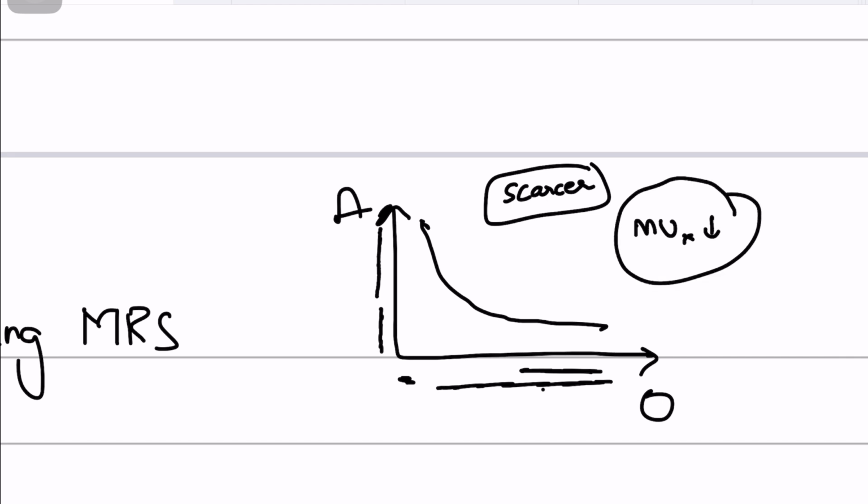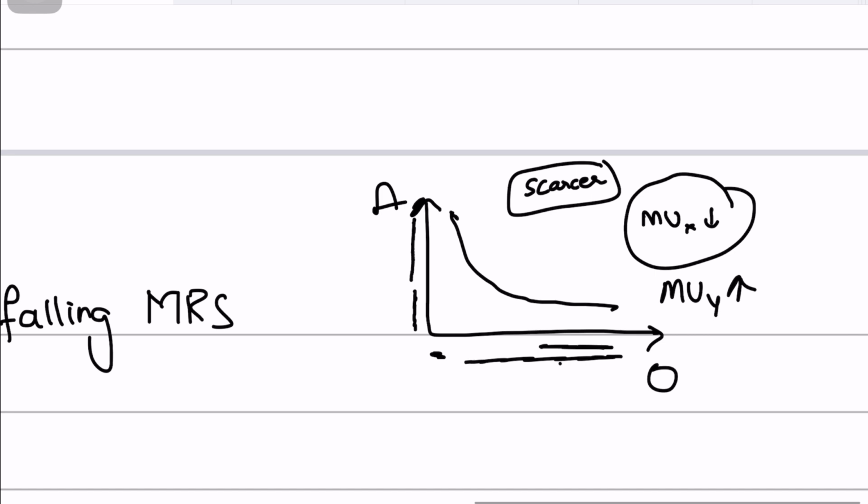And the marginal utility of Y increases because now you have less of Y in your bundle. Therefore, the consumer is progressively less willing to give up good Y to obtain more of X, which leads to a flatter slope on the indifference curve as you move downwards. And that is why the indifference curve is convex to the origin.